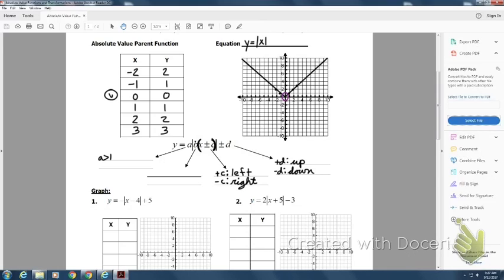Since it is outside, is it going to affect the X or the Y? The Y value. And if A is greater than 1, and again, since it's the Y, it's going to be some kind of vertical transformation. Is it going to vertically stretch it or vertically compress it? Vertically stretch.